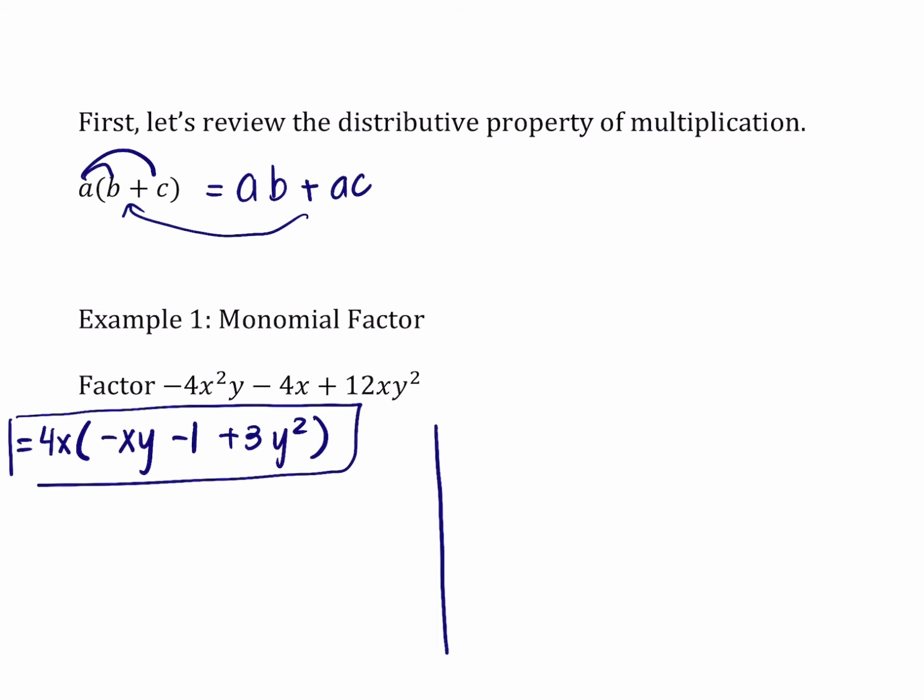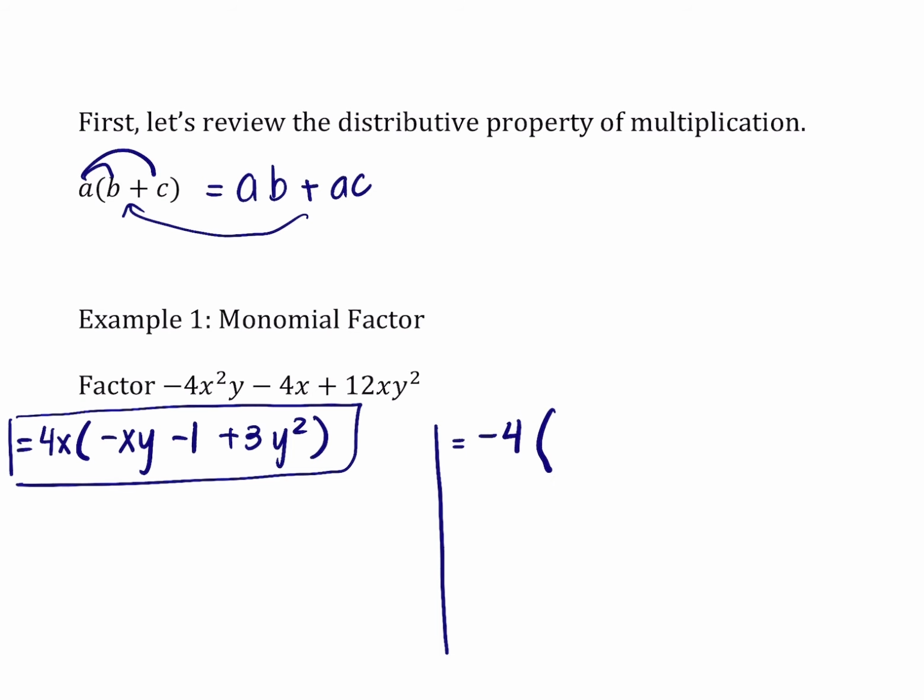a possible answer. Another possible factorization of this polynomial is actually to factor out negative 4x. So a lot of the times people don't really want to be left with a negative as their first term. So a good example would be to factor out negative 4x. So we can actually factor out negative 4x from this whole thing.